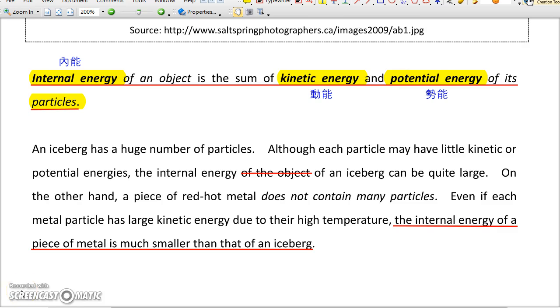On the other hand, a bucket of red-hot molten metal does not contain many particles. Although each metal particle has a lot of kinetic energy, the total internal energy of the metal is smaller than that of a huge iceberg.